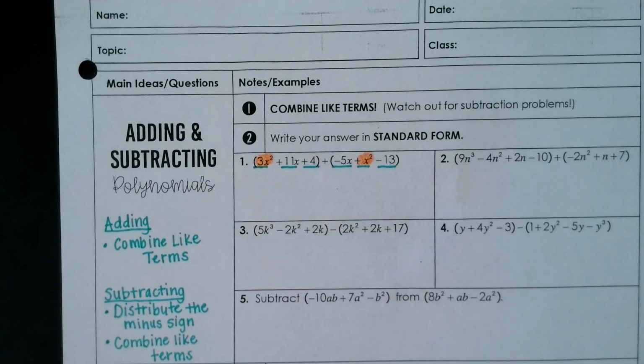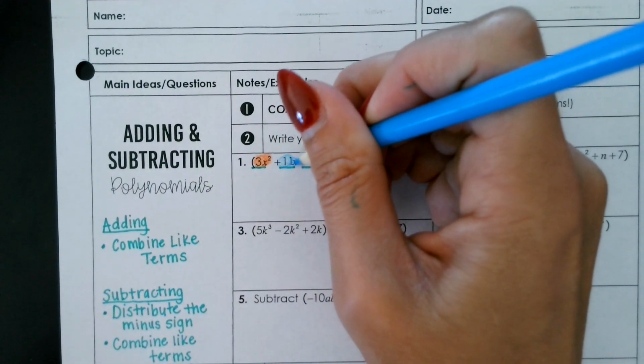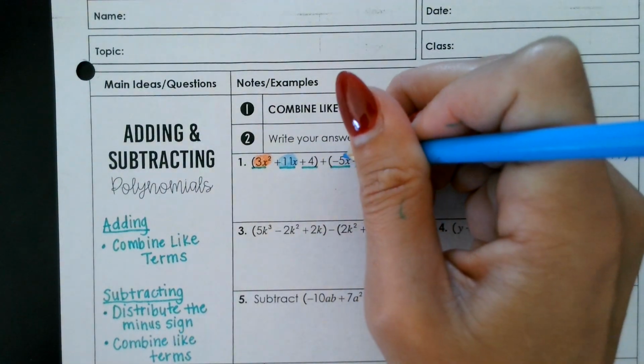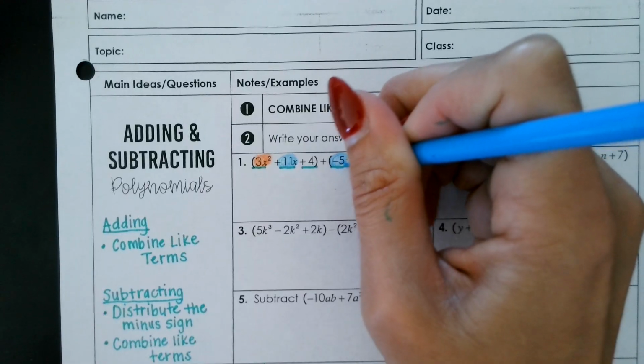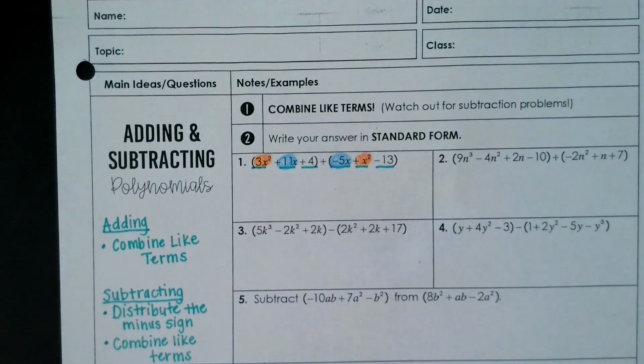The 11x, let's make this blue. So we have 11x and we also have a negative 5x. I would say those are like terms. They both have an x to the first, technically.